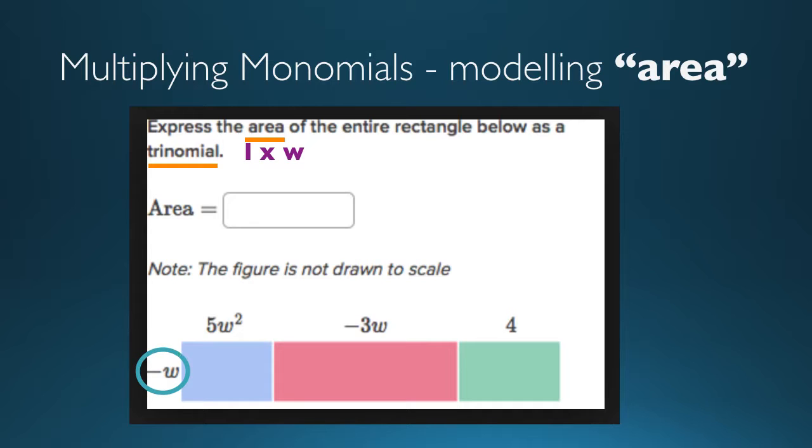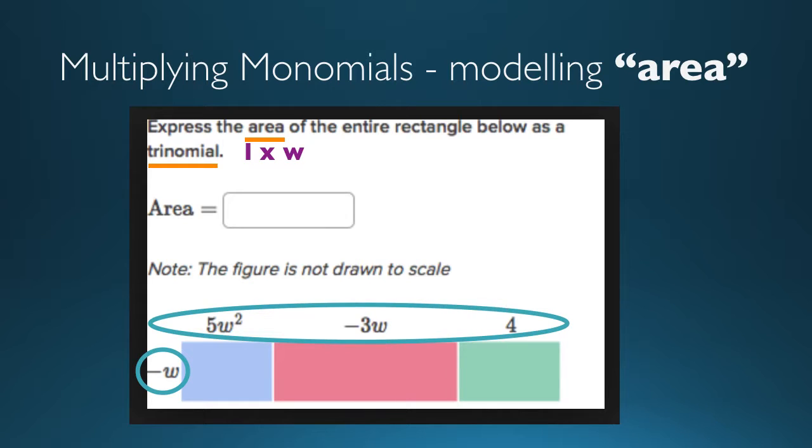So if we're saying our length is negative w and our width is these 3 terms together, 5w squared minus 3w plus 4, then we are looking at a multiplication problem that looks like that. Negative w is our monomial, and then it's being multiplied by a trinomial, 5w squared minus 3w plus 4.